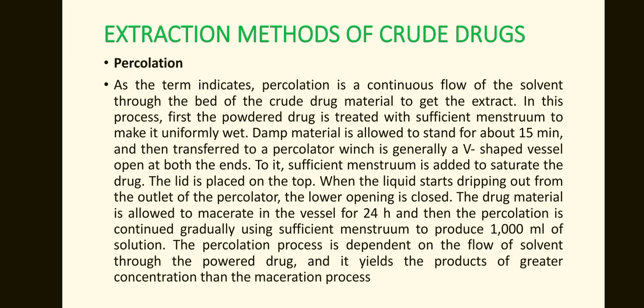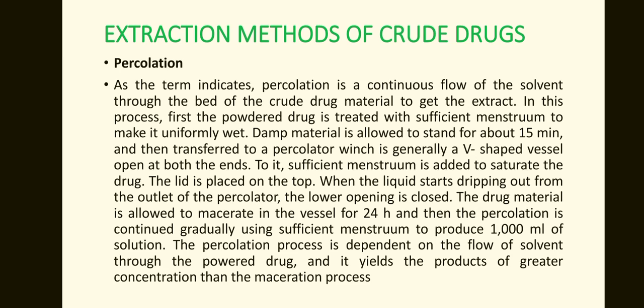In this process, first the powder drug is treated with sufficient moisture to make it uniformly wet. The damp material is allowed to stand for about 15 minutes and then transferred to the percolator, which is generally a V-shaped vessel open at both ends.